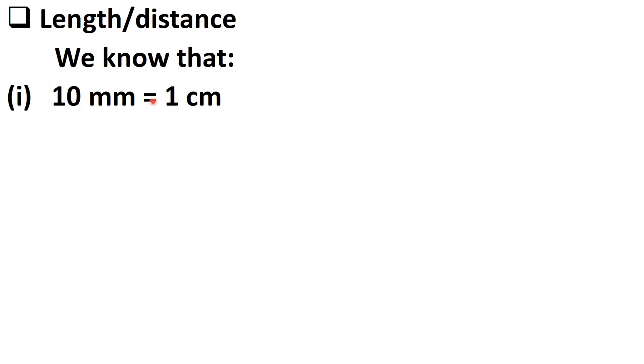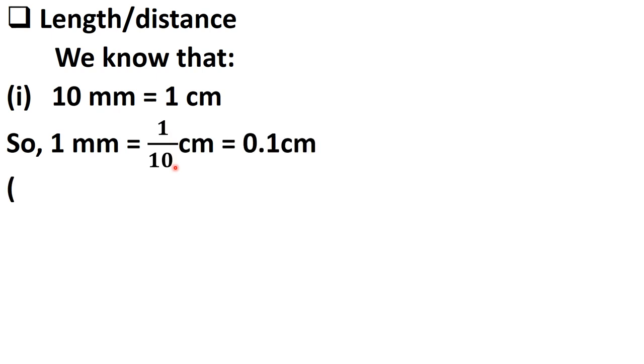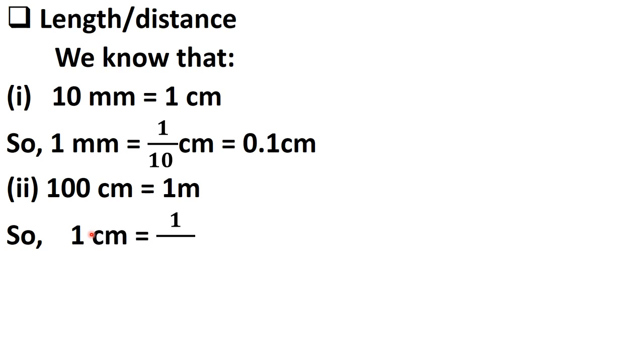So 10 millimeter equal to 1 centimeter, so 1 millimeter equal to 1 upon 10 centimeter, that is 0.1 centimeter. Now we are converting centimeter into meter. We know that 100 centimeter equal to 1 meter, so 1 centimeter equal to 1 upon 100 meter. Now it is 0.01 meter.